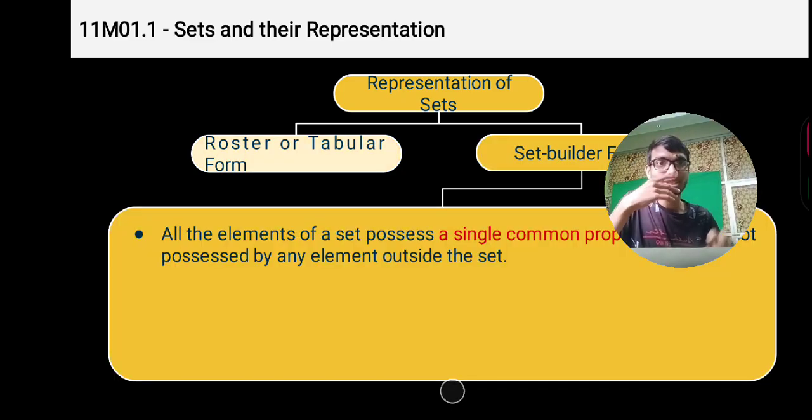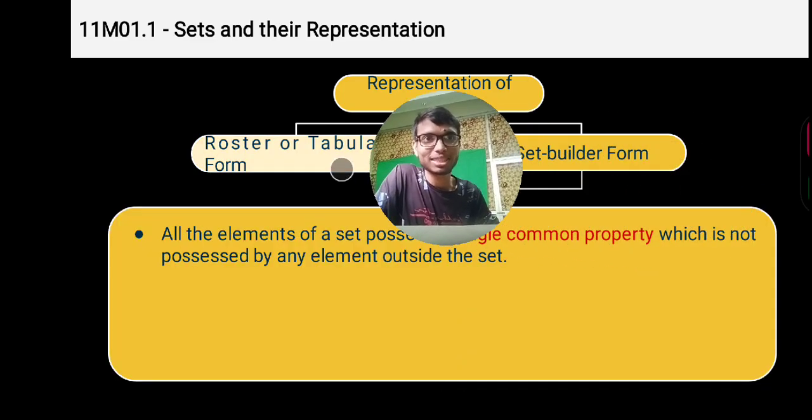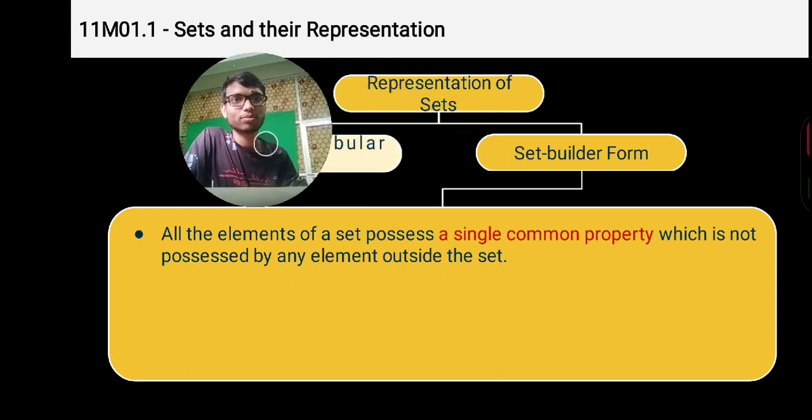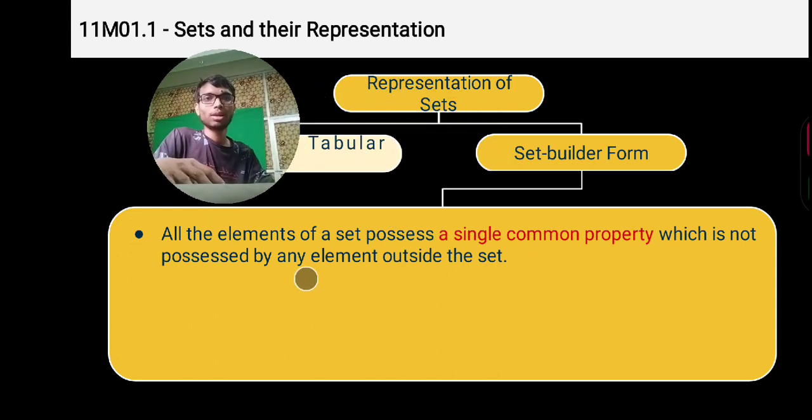So next, set builder form. It's time for the set builder form. All the elements of a set possess a single property which is not possessed by any element outside the set.